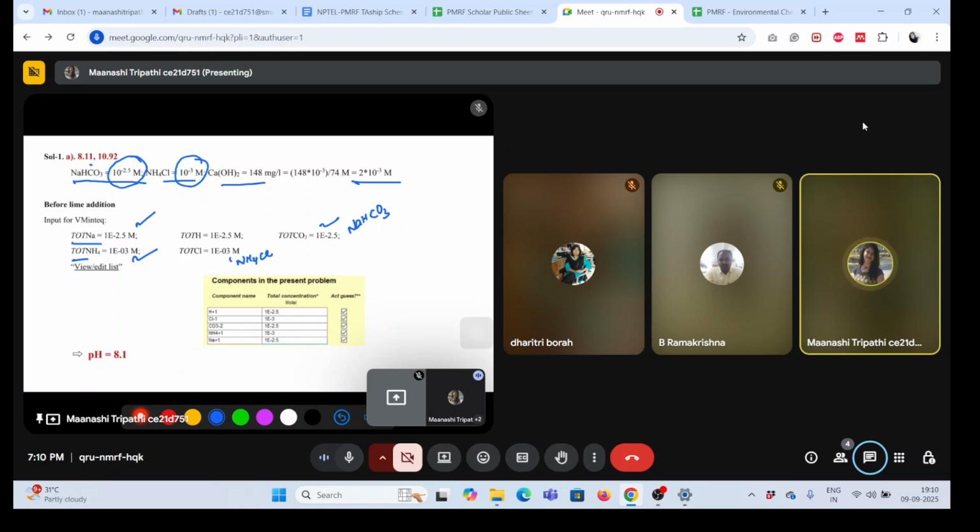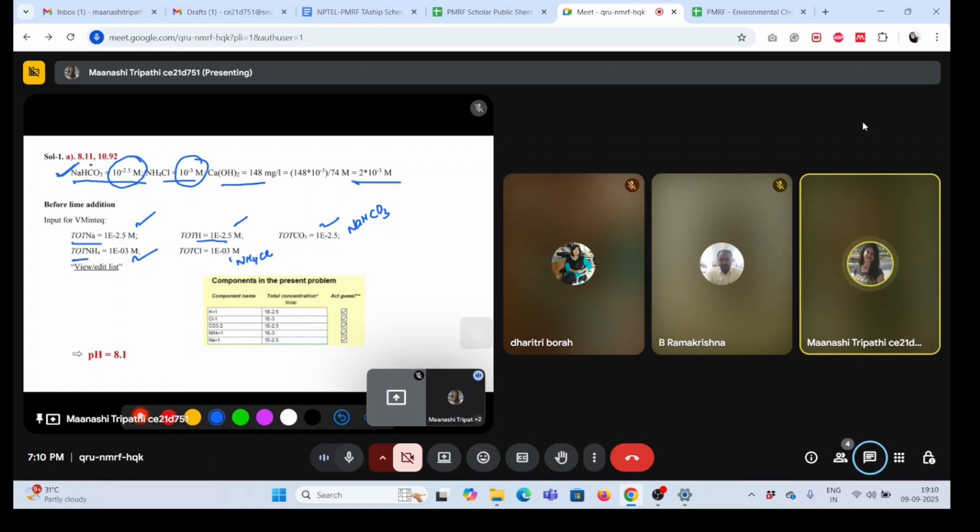From where we are getting total hydrogen? Hydrogen, there is no other source except for NaHCO3 in this example, because there is no calcium carbonate precipitation. So this is the only source from where we are getting total hydrogen.